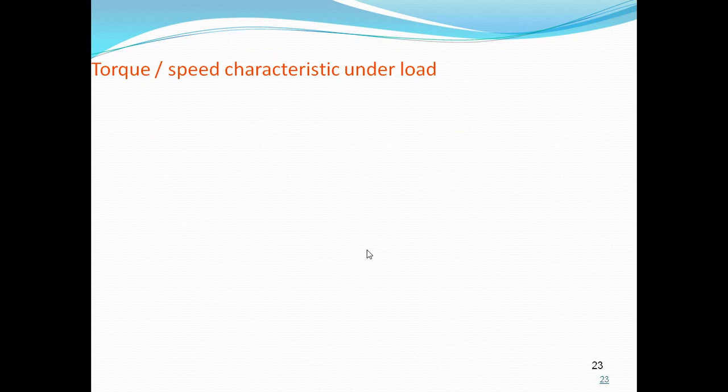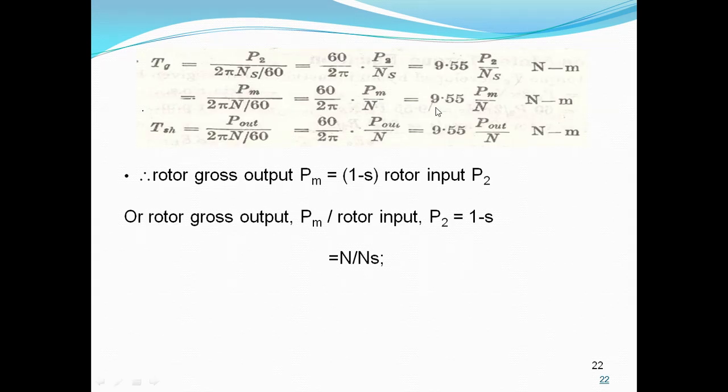So these are the torque values. Gross torque is equal to P2 by 2 pi ns by 60, or this is the rotor input by 2 pi ns by 60, or gross power by 2 pi n by 60, where shaft torque is equal to P output by 2 pi n by 60.